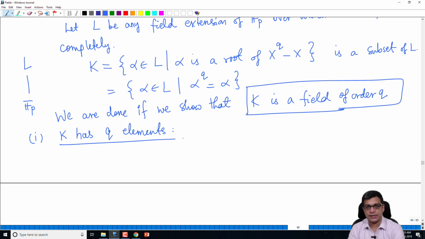This I will not do in detail because I didn't do the notion of multiple roots of a polynomial in detail. So I am going to just quickly tell you that K has q elements, because how can it have fewer than q elements? If it has fewer than q elements, that means some root is a multiple root.